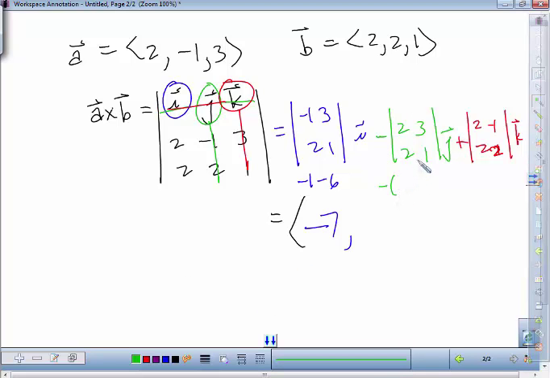So let's keep that minus sign in front. And then there's a 2 times 1 is 2, minus 2 times 3 is 6. This is a negative 4 with a negative on the outside, so I think this is positive 4. Is that right? And then 2 times 2 is 4, minus 2 times negative 1. So this is a 4 plus 1 is 5.